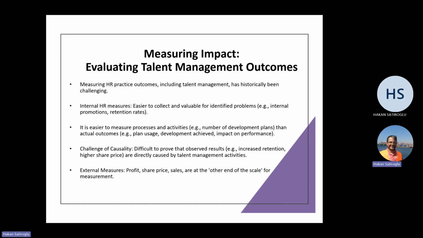Measuring HR practice outcomes, including talent management, has historically been challenging. You have to accept that. Internal HR measures are easier to collect and available for identified problems, such as internal promotion and retention rates. So in that sense, you can evaluate talent management outcomes.